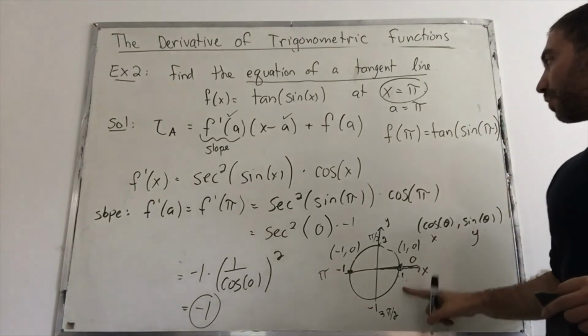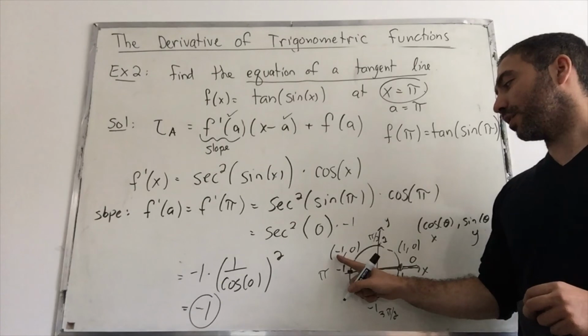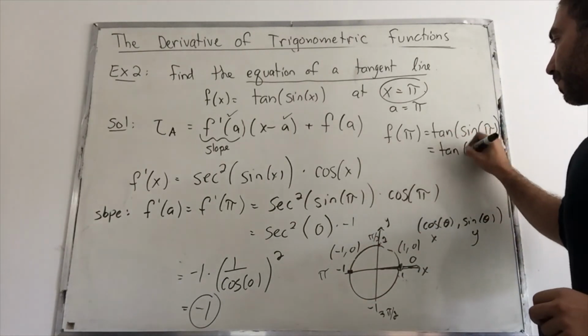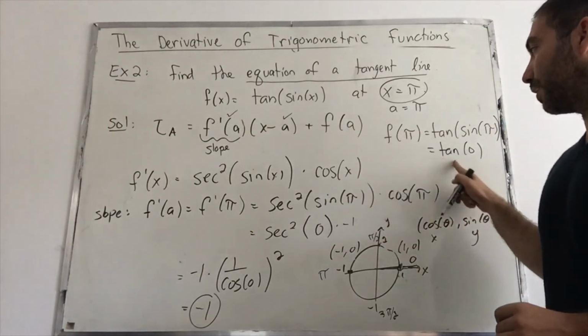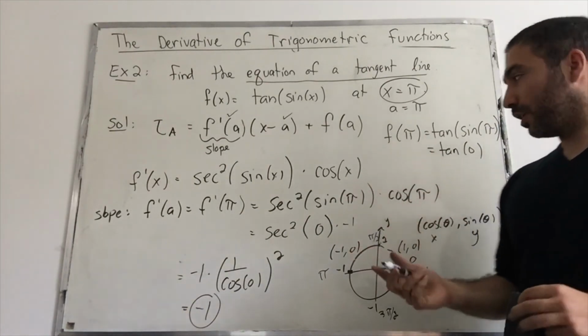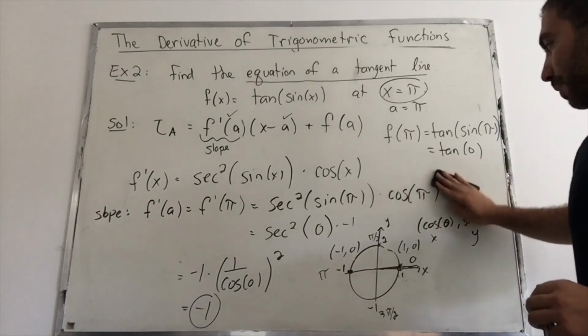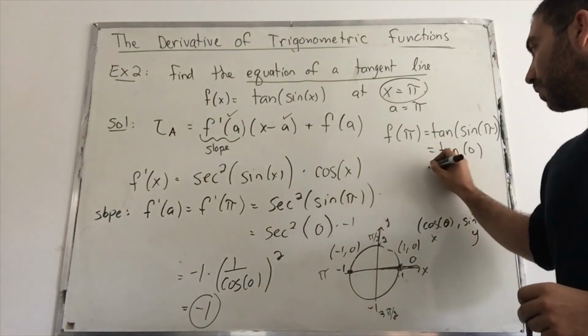Again, we're using the unit circle with sine of pi. Sine of pi, we saw, looking at the y-axis, is 0. So this is equal to tan of 0. If you know the function of tan, you know what the answer is here. It's 0. But if you didn't know that, you could rewrite tan in terms of sine and cos.